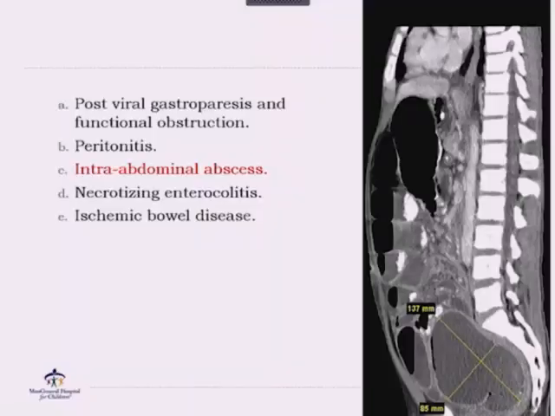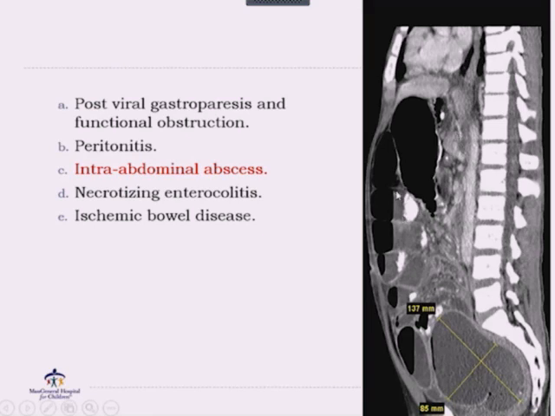So this is an intra-abdominal abscess, and as you can see down here, it was not a subtle or a small one. Definitely, there are these air fluid levels, and the patient clearly was not standing up; he was lying down.